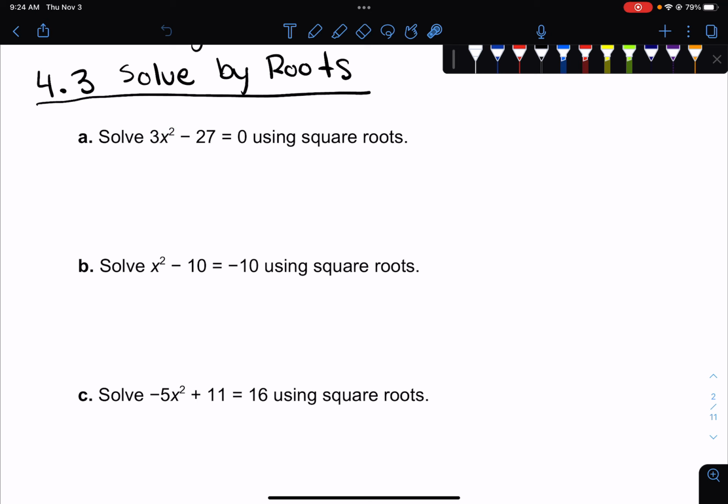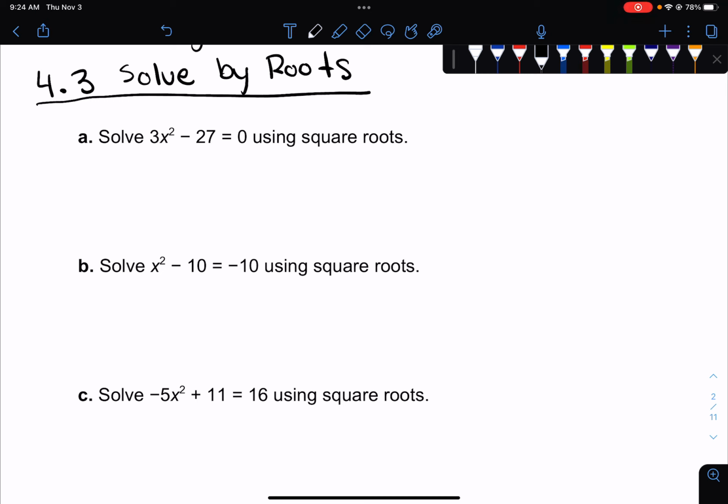There's going to be a square with the x. If that was just 3x minus 27 equals 0, you could solve that in 15 seconds. But this year, we're not just solving equations that are straight lines. Remember, our equations are parabolas, and we want to find the solutions to those equations.